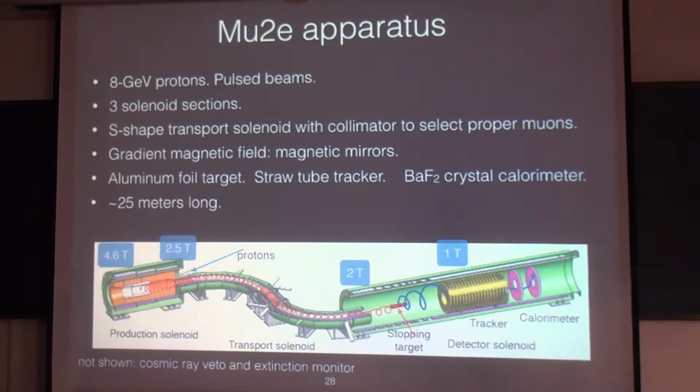There are a lot of configurations, for example the one in Japan that goes in a C shape. But this is just a lot of design choices. Everything is just to reduce background.